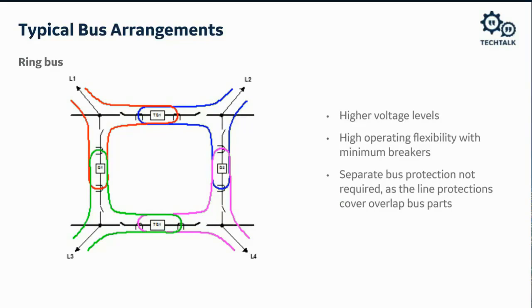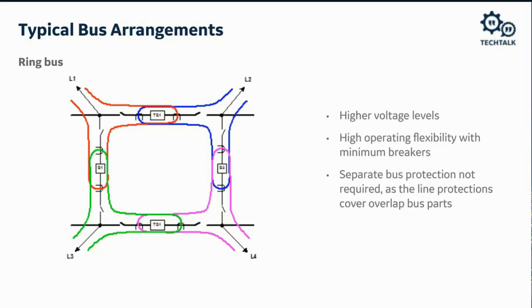In this, all the sources and loads are connected in a ring format with a breaker separating each section. With this scheme, typically there is not usually a dedicated bus protection system. What protects the bus is the line zone. So whatever line protection is installed also covers the bus.